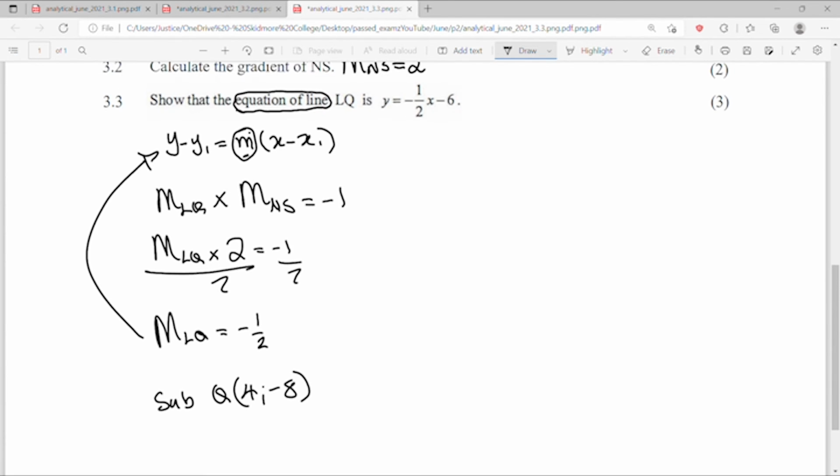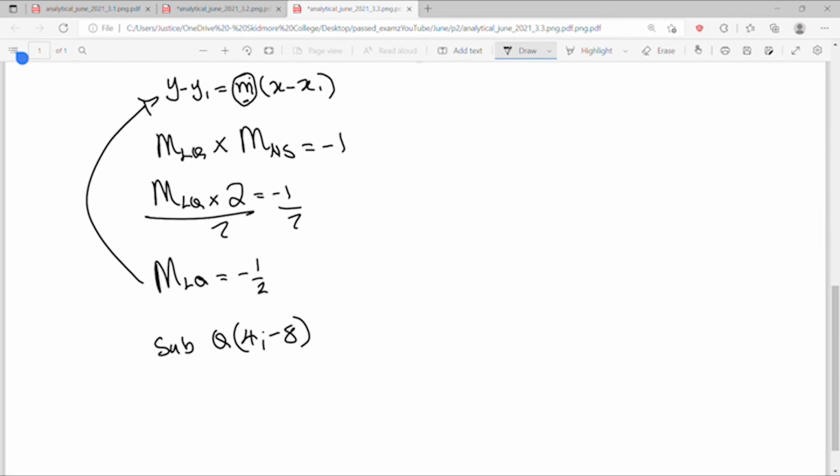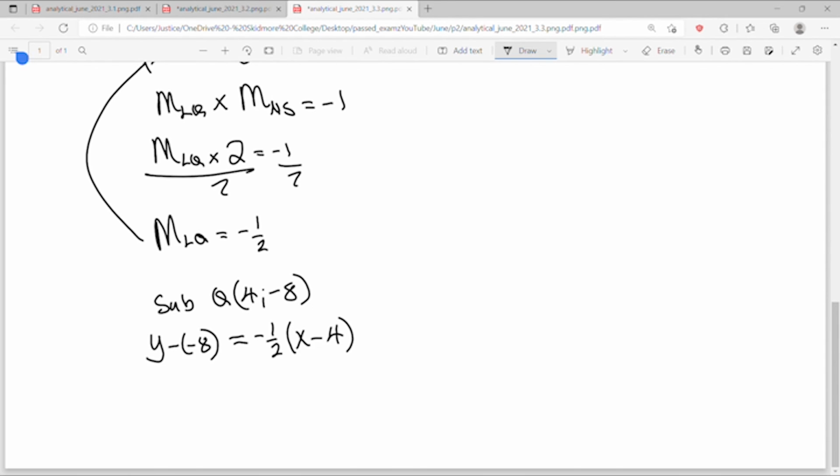So that means you're going to have y minus negative 8 equals negative half times x minus 4, and the rest is computational. You just multiply out. We're going to have y plus 8 equals negative 1/2 x plus 2.